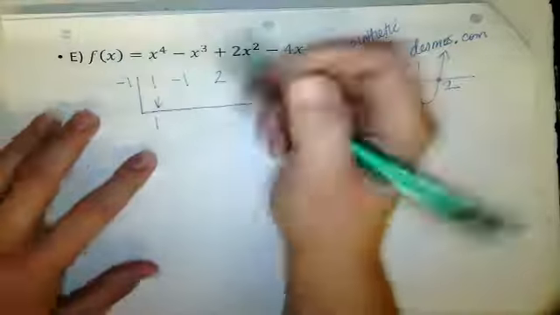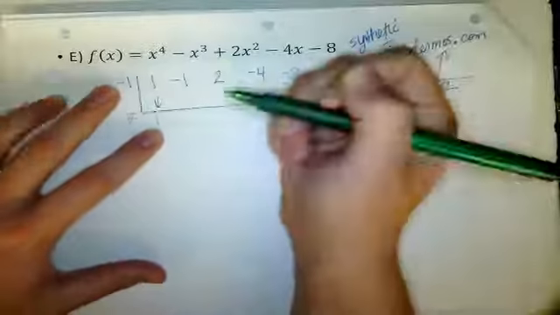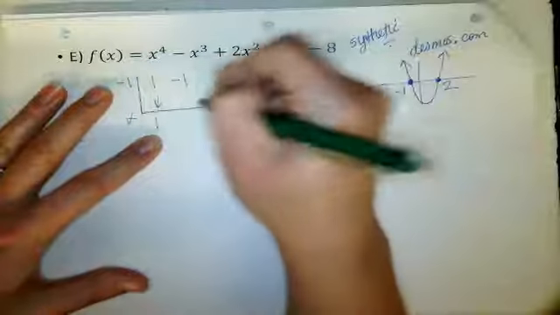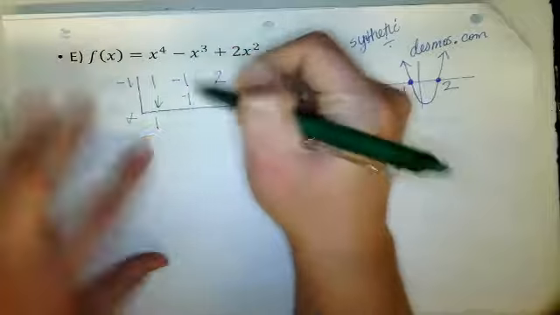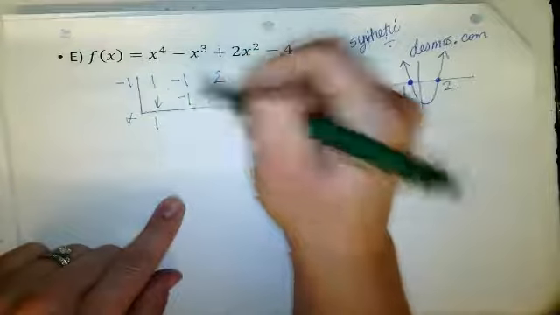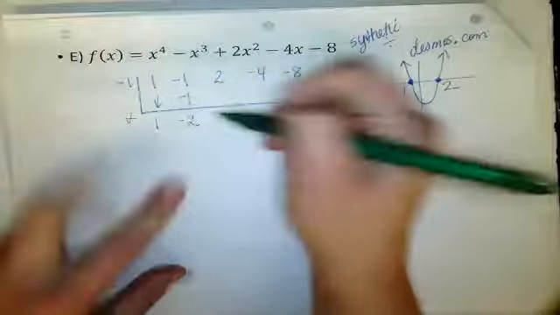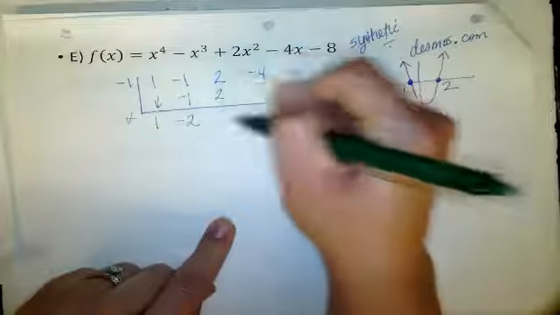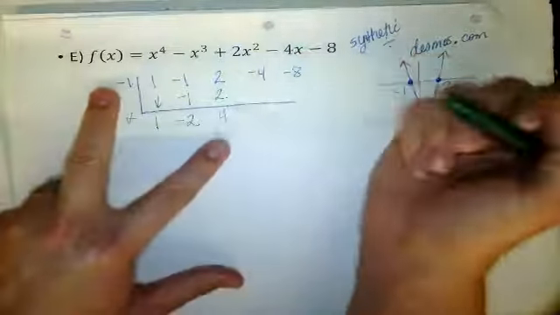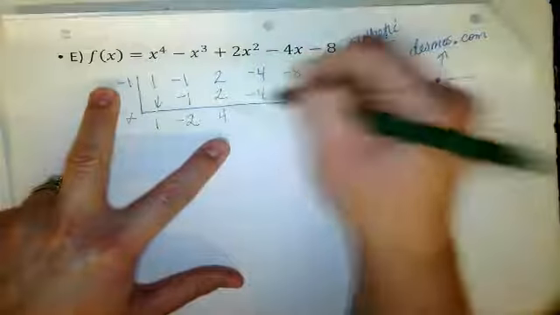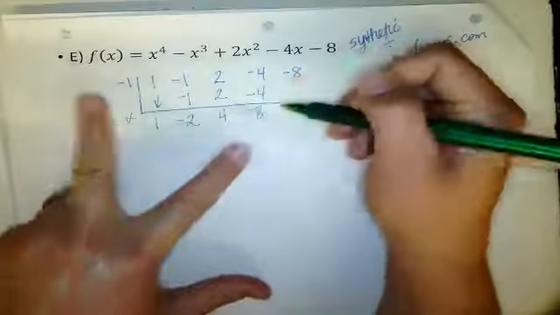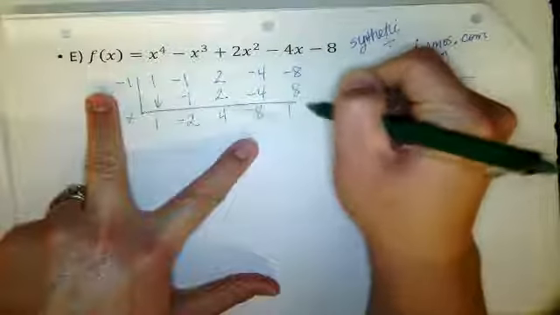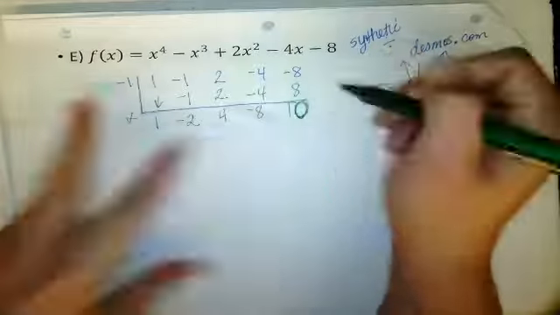All right, and then what do we do? 1 times negative 1. What's 1 times negative 1? Negative 1. And then we combine. Negative 1 and negative 1 makes negative 2. And we multiply. Positive 2. And we combine. 4. And we multiply. Negative 4. Negative 8. Positive 8. Remainder 0.